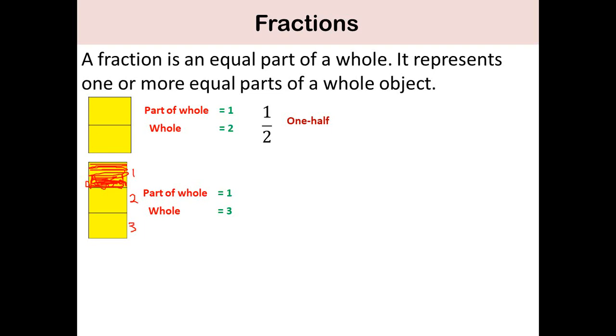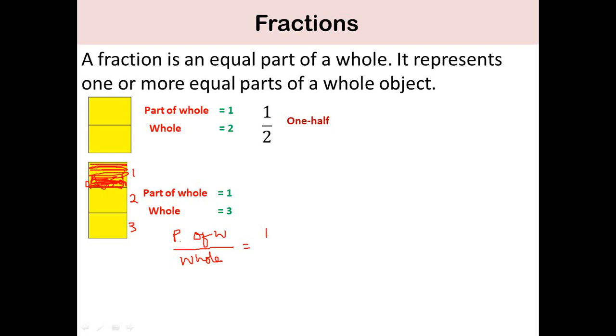Now I have told you how to write fractions, right? Part of whole, by a line, by whole. It's so easy. So part of whole is how much? How many parts have I taken? I have taken only one part.